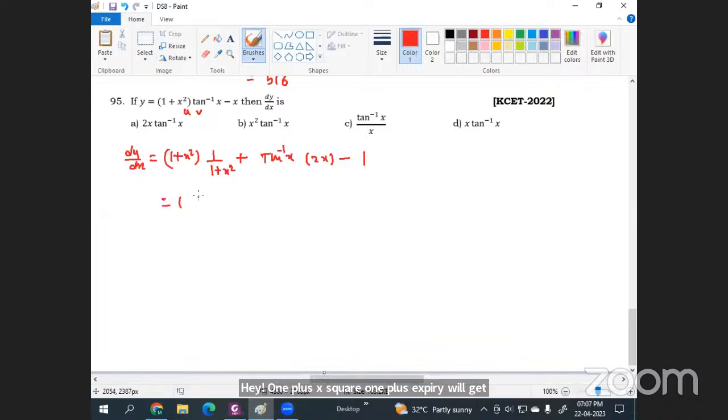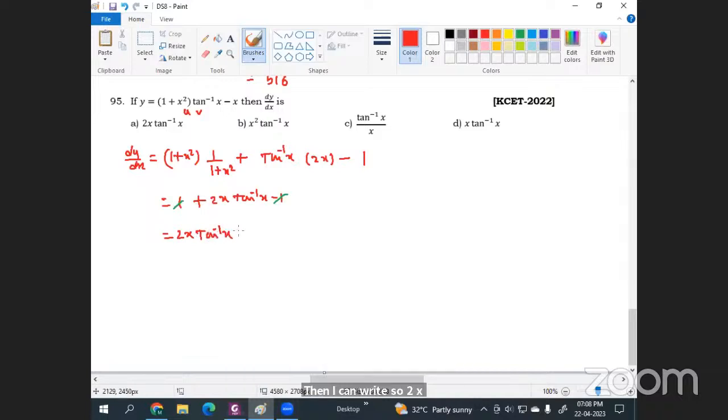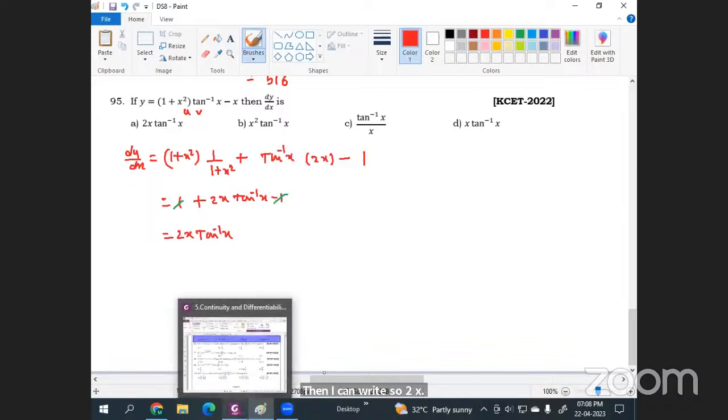So 1 plus 2x tan inverse x minus 1. So 1 will get cancelled. Then I can write 2x tan inverse x. So this is the right answer. Next.